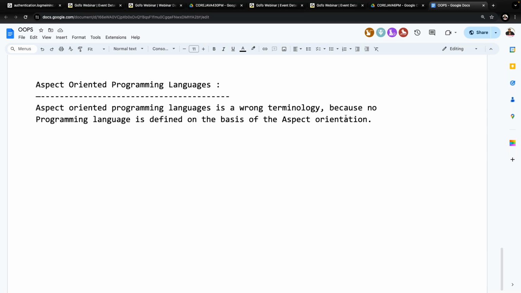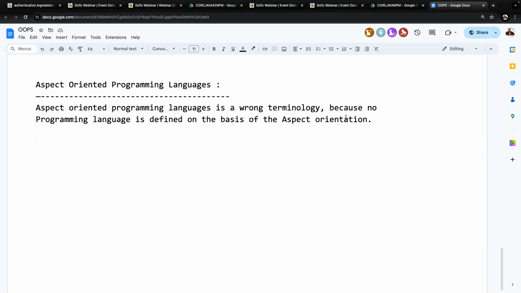Object oriented programming languages exist. A number of programming languages are defined on the basis of object orientation. C++, Java, Python, C#, .NET, all these are object oriented programming languages. They are defined on the basis of object orientation. But aspect oriented programming languages is a wrong statement. No programming language is defined on the basis of aspect orientation.